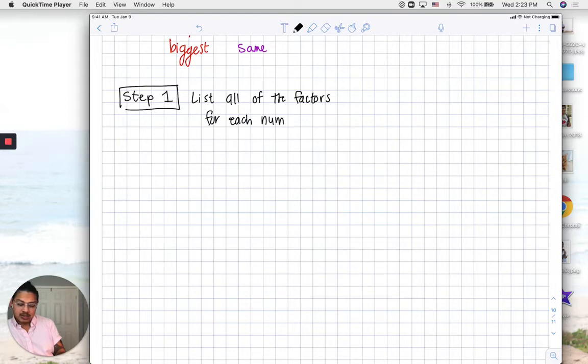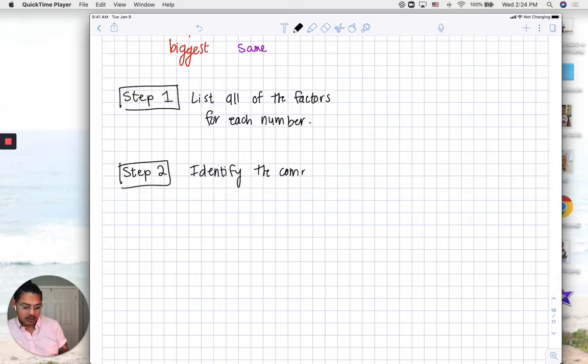Because with these types of problems, we're comparing 2 or more numbers, so list all of the factors for each of them. Once you've done that, you're going to identify the common factors.